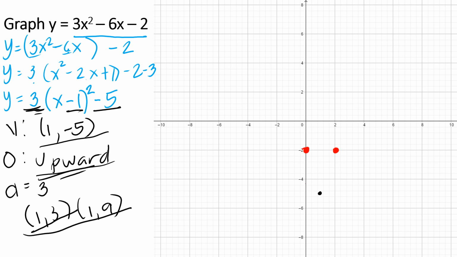Yan. Tapos nyan, 1 unit to the left and right, and then 9 units upward. 1 to the left and right, then 9. Tulungan niyo ako magbilang. So, 1, 2, 3, 4. Naka-by 2s kasi yung coordinate plane ko ha, kaya tingnan nyo din yun sa inyo. So, 1, 2, 3, 4, 5, 6, 7, 8, 9.